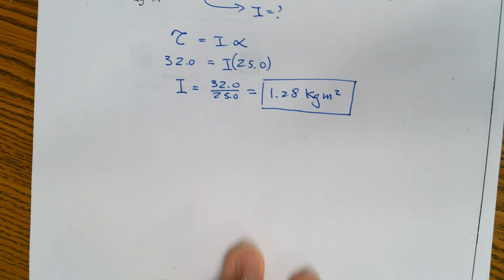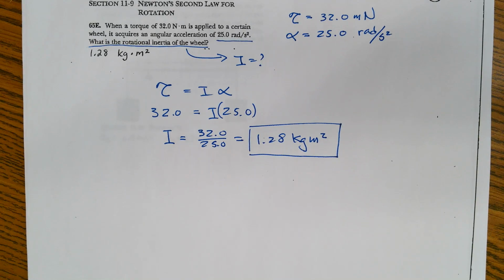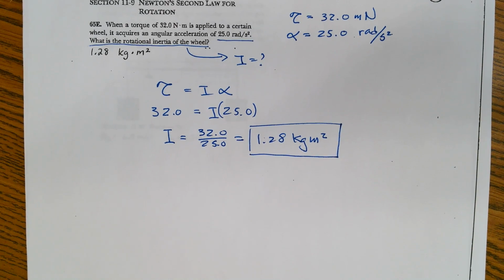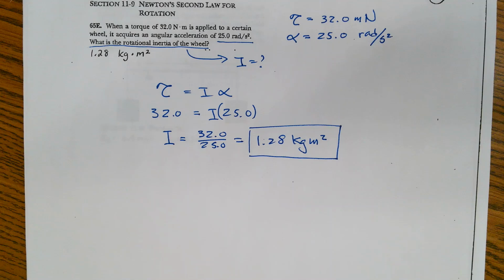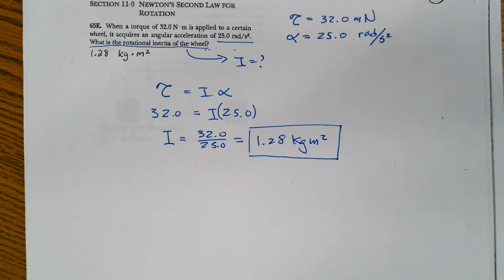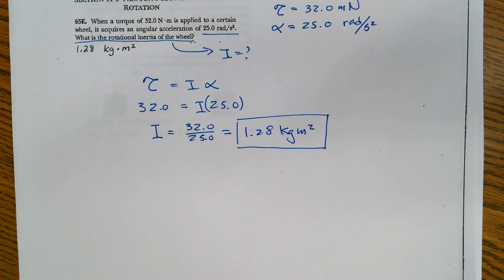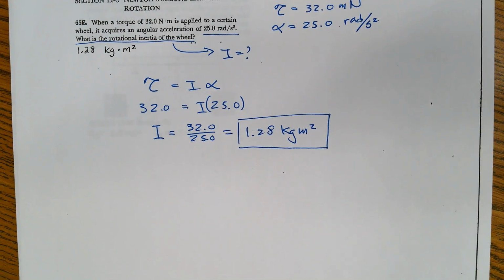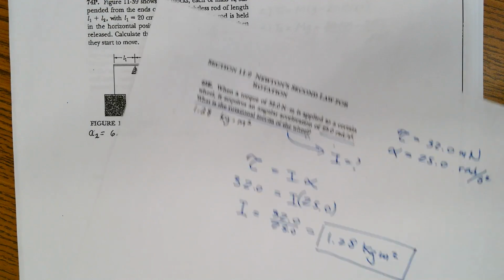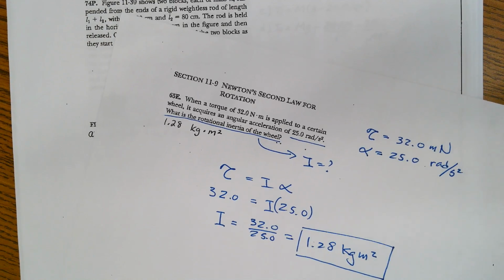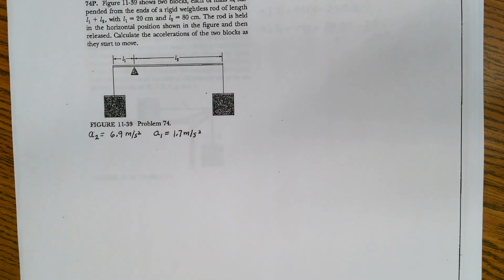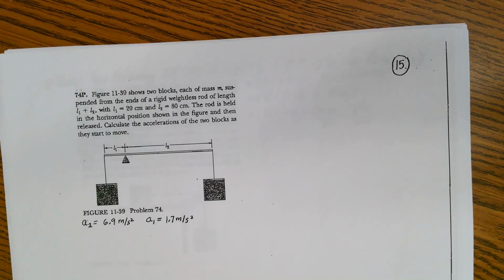And look how much room there was left over here. It's like, oh my God, it only took like 2 steps. Maybe I'm doing something wrong, I'm supposed to fill this whole page. No, sometimes it's just easy. It's just I alpha. Torque is equal to I alpha.